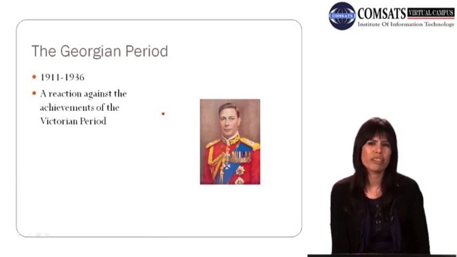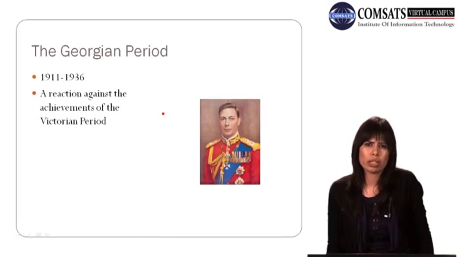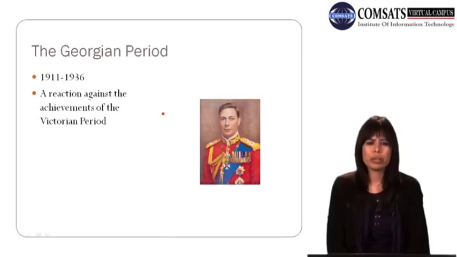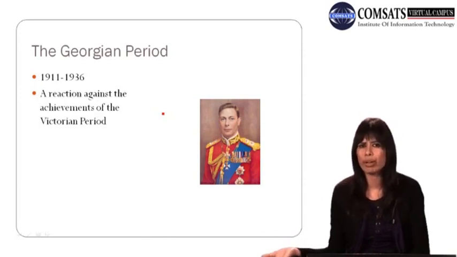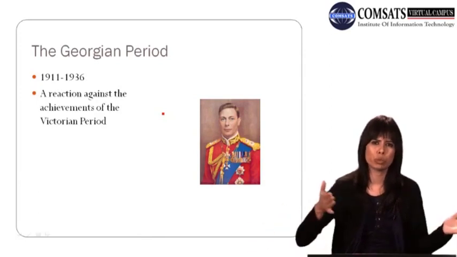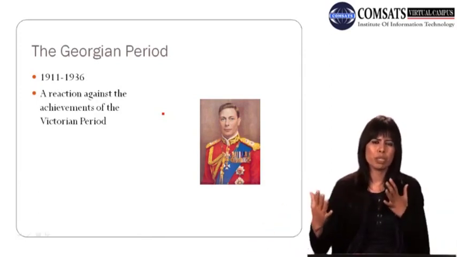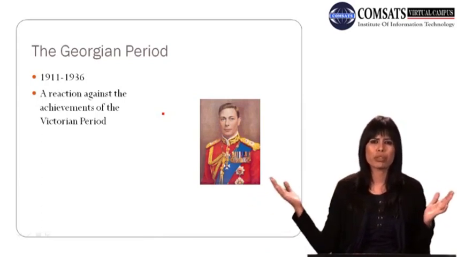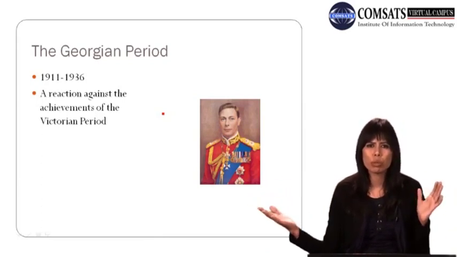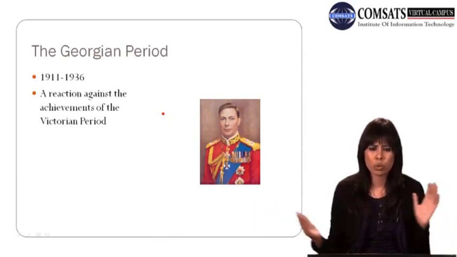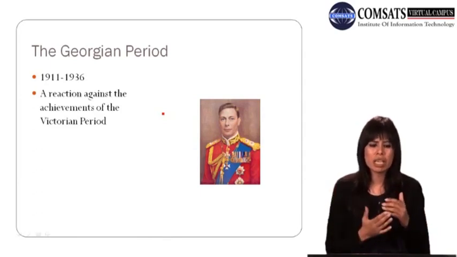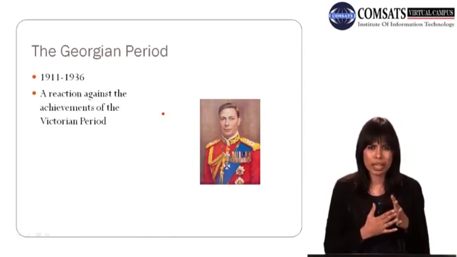From the very start of the lectures I have been telling you, my dear students, that with the passage of time, when we give a particular name to any age, like the Romantic period or the Augustan period or the Elizabethan period, and we move towards another one, people reject the previous doctrines, the old philosophies and the old trends followed in the previous era. So in the Georgian period, again we'll see a reaction against the Victorian age.